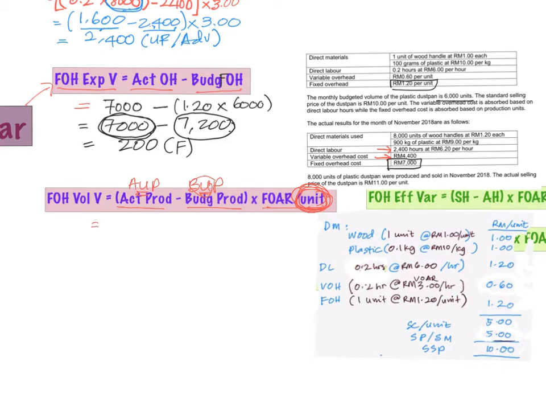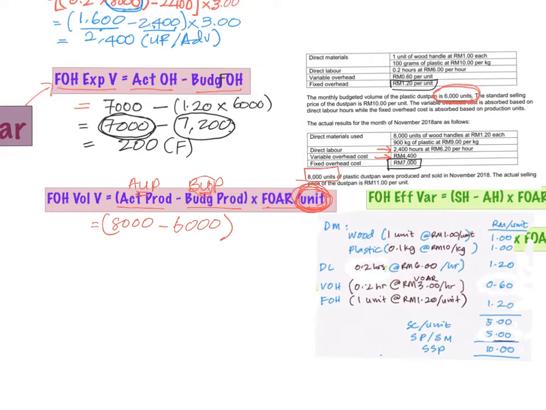So, actual units produced. From the question, you can see that 8,000 units have been produced. So, you just take the 8,000 units and then minus budgeted units. The question tells you that 6,000 has been budgeted. So, minus 6,000 times the FOAR. This is where you need to look at your standard cost card again.